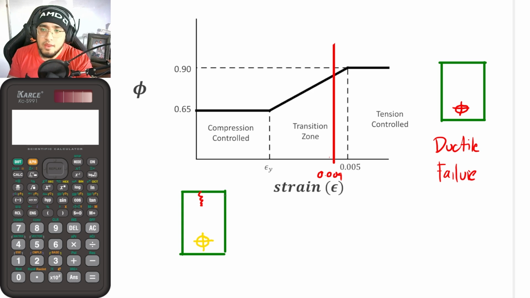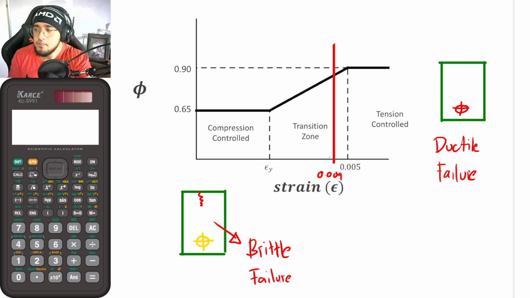And if the failure is on the compression side, meaning that it is not really a ductile failure, rather it is a brittle failure, which is more abrupt, and with that, guys, it is more dangerous. Okay, so again, that is the comparison between tension controlled and compression controlled.